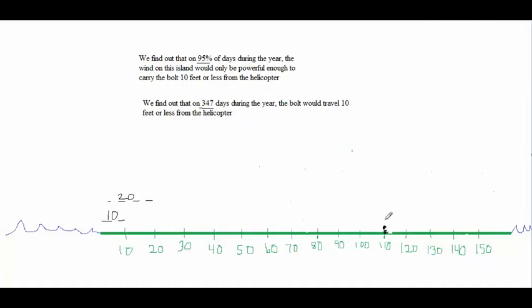So what can we do now? Well, we know that if the bolt happened to fall on one of these days, on one of these 347 days during the year, then the helicopter would have to be somewhere within 10 feet of location 110, because if the bolt did fall on one of these days, then the wind would only be powerful enough to carry the bolt 10 feet or less from the helicopter.